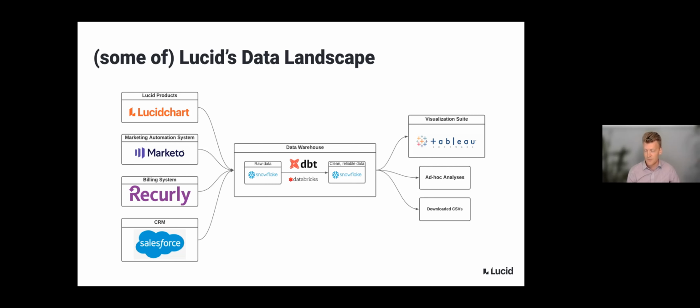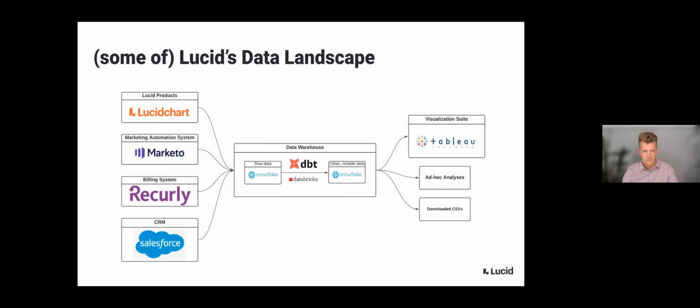We also use Databricks for some of our statistical and predictive modeling. And then out of the data warehouse, we use that data for ad hoc analyses. We do occasionally download CSVs, which isn't my favorite, but sometimes that makes the most sense. And we do a lot of visualization in Tableau. That's our visualization suite.